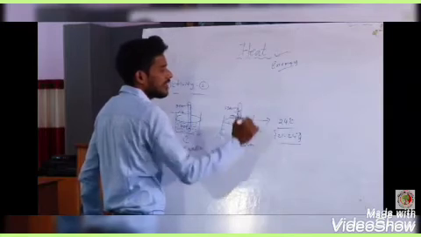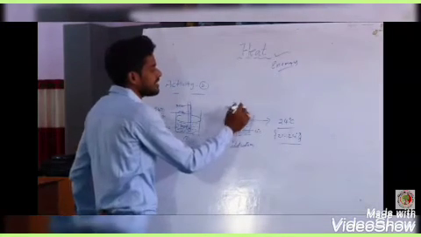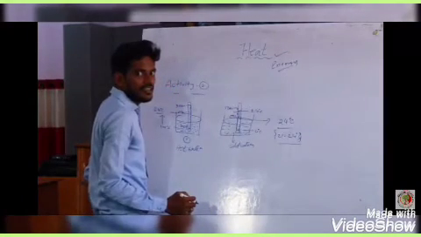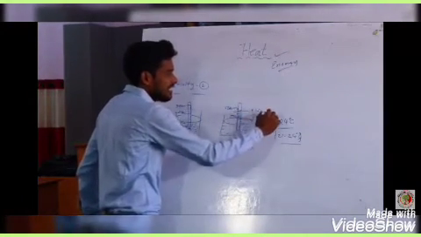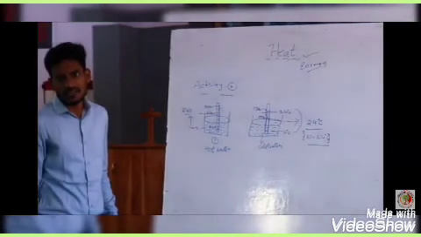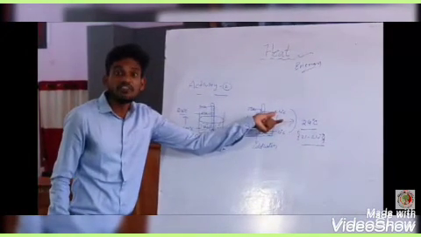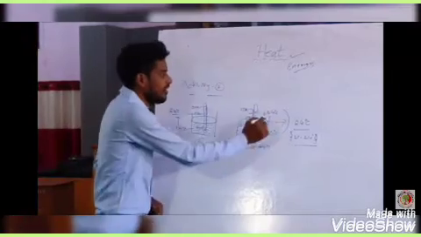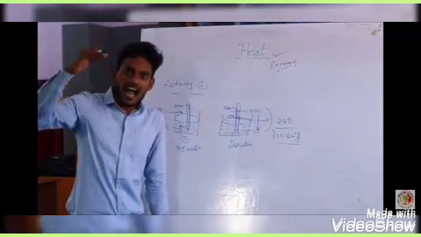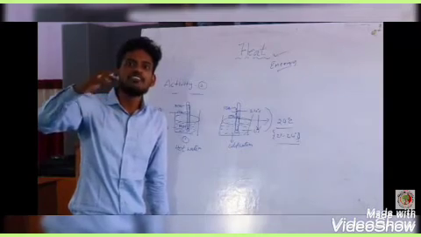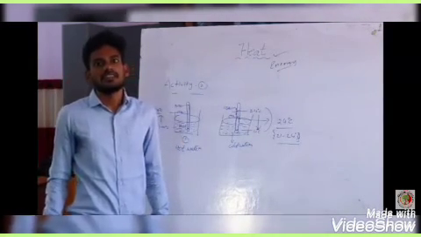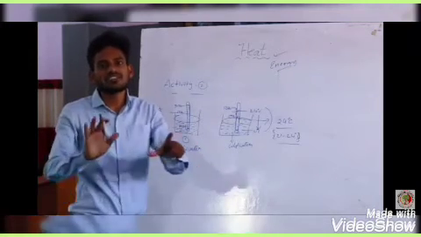Coming to the mercury at 24 degrees centigrade, which is the hotter body? Mercury. Am I right or not? Mercury, which is at 24 degrees centigrade. So heat flows from 24 to 0 degrees centigrade and the mercury level went down because it lost heat.